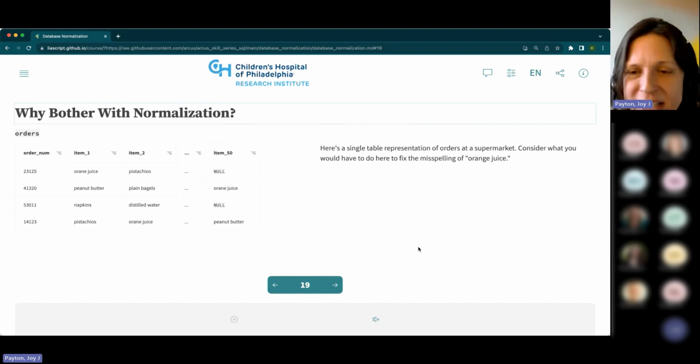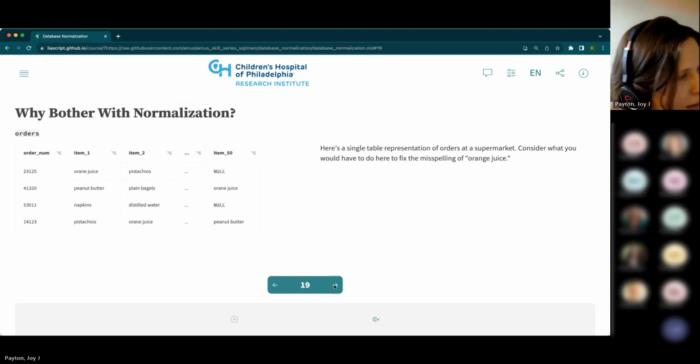And the misspelled orange juice could appear in item 1, item 2, item 3, item 4, item 5, all the way to item 49, item 50. And it could appear in every single row. So we have to look practically in every cell to find our misspelling of orange juice. All right. So that's one way of organizing data, and think about the effort that would take to correct something.